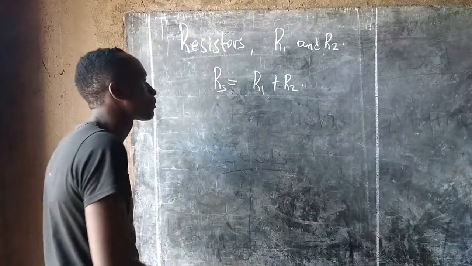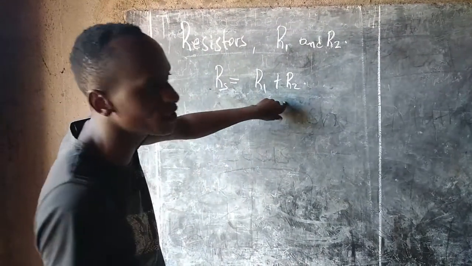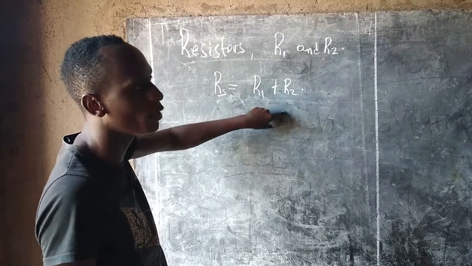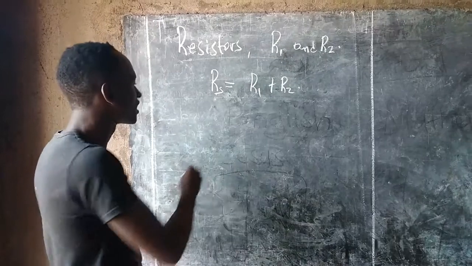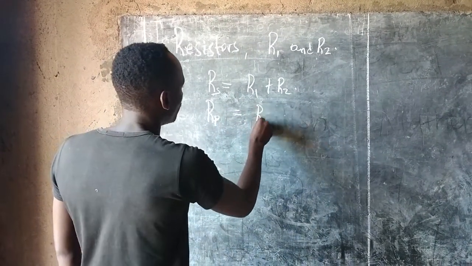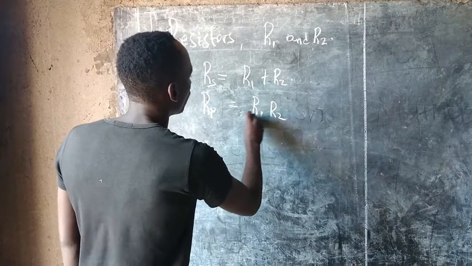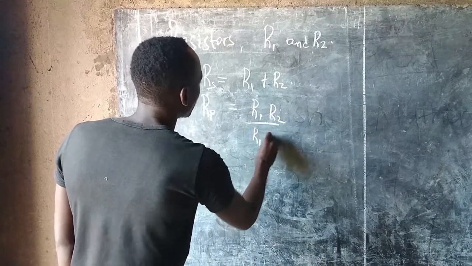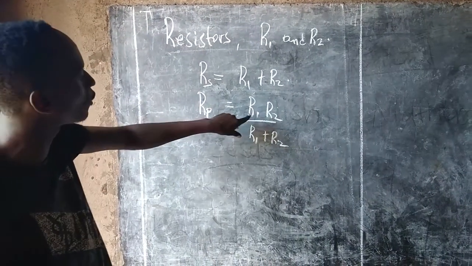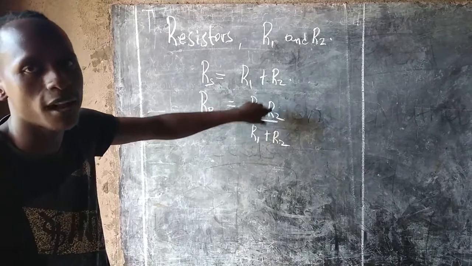And if they are not in series, we can also arrange them in parallel to give a minimum resistance. So this RP is always R1 R2 over R1 plus R2. But remember, this applies to only two resistors in parallel.